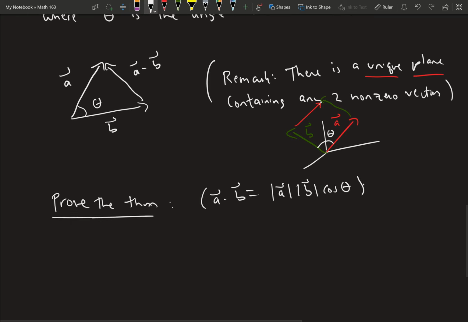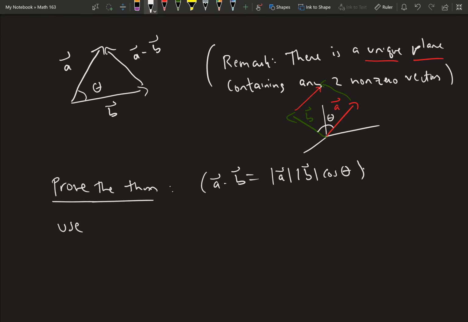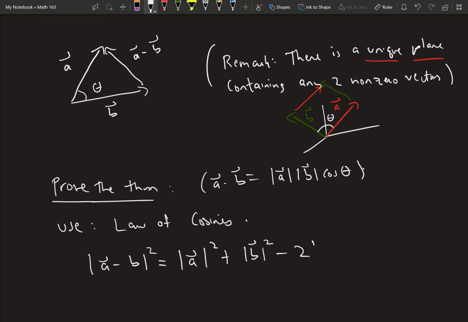Now what we're going to use is the law of cosines. What does it say? It says that the length of A minus B, that side squared, is equal to the length of A squared plus the length of B squared minus 2 times the length of A times the length of B times the cosine of theta.